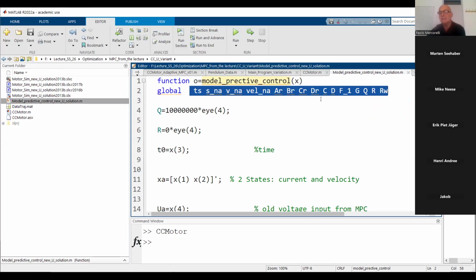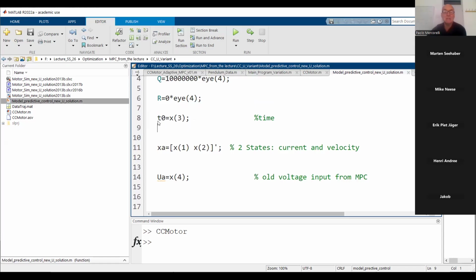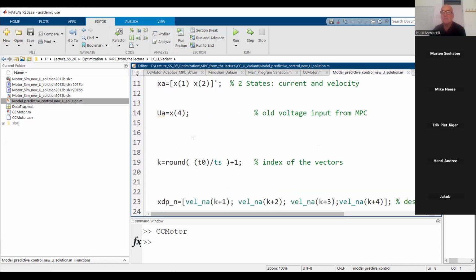Also R. Here, we tested with R equals 0, with the risk that we have instability. Then we have an element T0, which is the time, the clock, let me say. XA consists of two states, current and velocity.